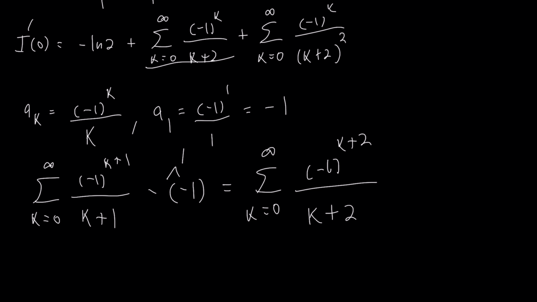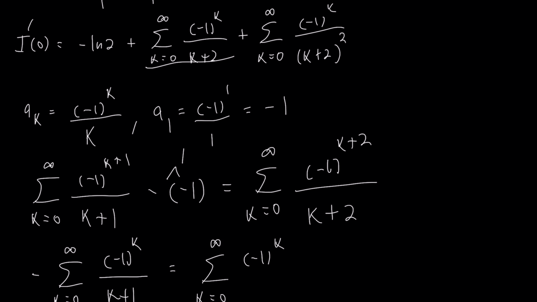We could write this as negative the sum from 0 to infinity of -1 to the k divided by k plus 1, plus 1, equals the sum from 0 to infinity of -1 to the k over k plus 2. But that's exactly the sum we're looking for. Oh, I forgot the plus 1 here. And we know this particular sum, it's actually -log 2 plus 1. So this is the value of our sum.